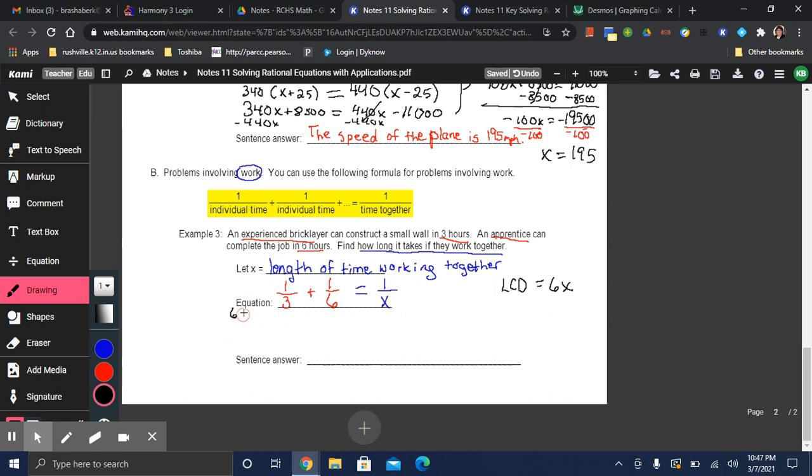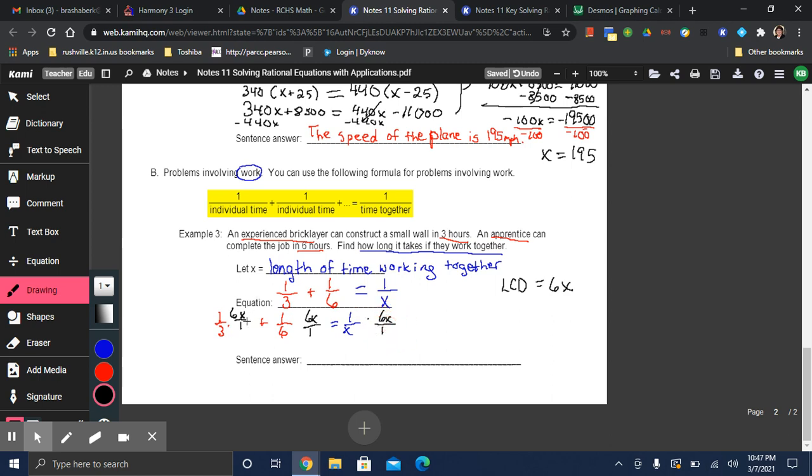So we'll use 6x over 1. We're going to take that first of all times your 1/3. So 1/3 times that 6x over 1 plus, and then we'll go 1/6 multiplied by 6x over 1, and then equals 1 over x, and we'll multiply that by 6x over 1.